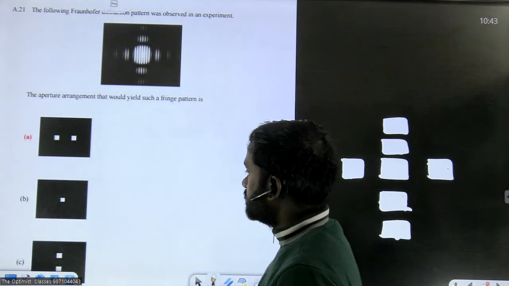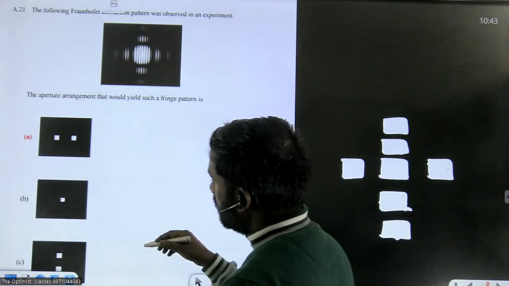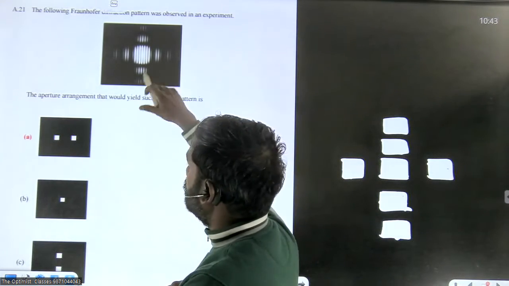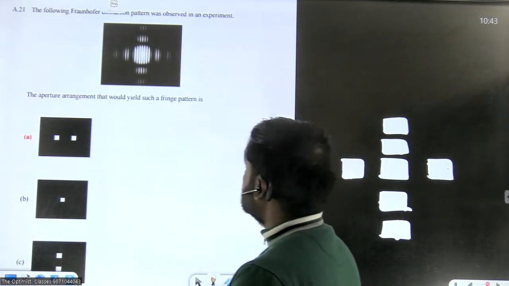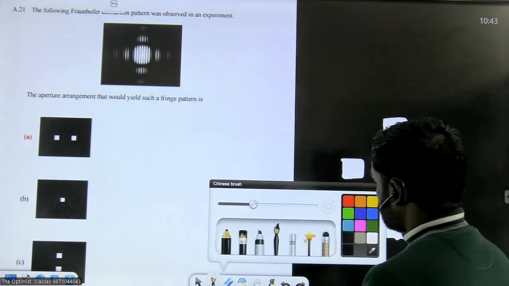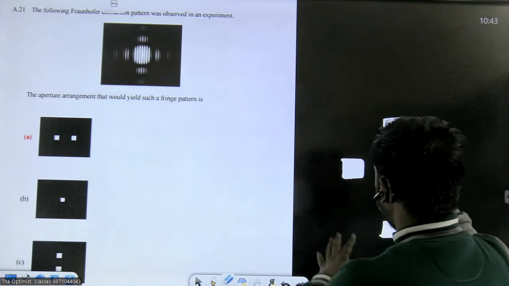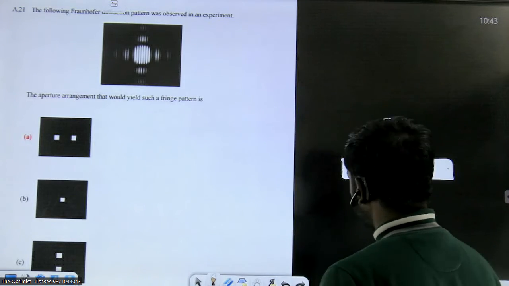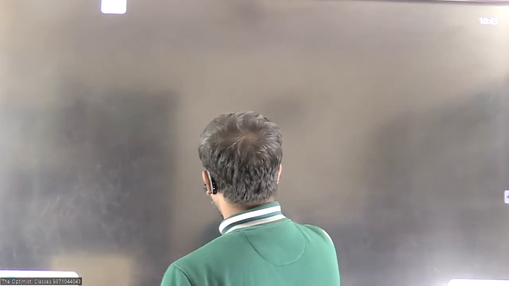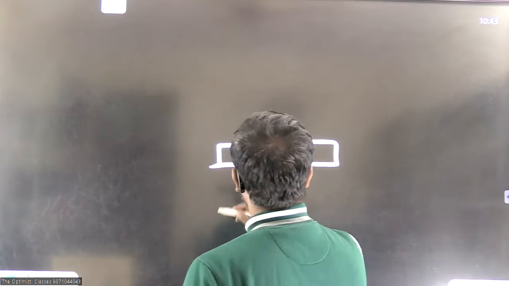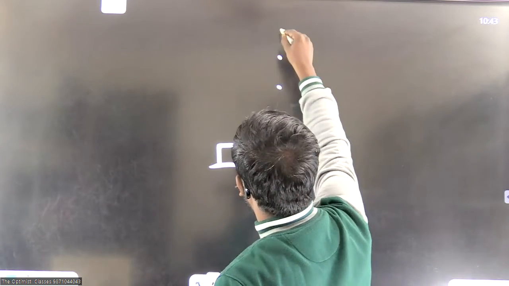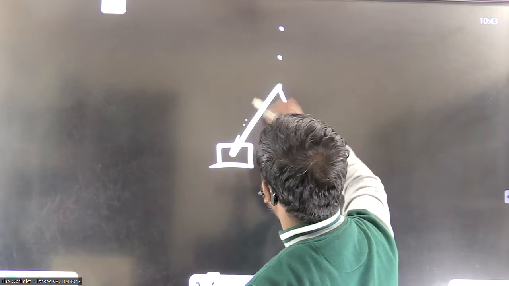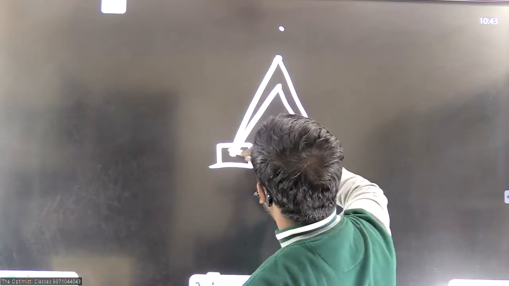Now it is clear that we have a diffraction pattern because of more than one slit, either two or three, whatever. Now you see here, this is a diffraction pattern of a single square aperture. Now light is coming from two square apertures. Suppose this is one square aperture and this is another. Now suppose we consider this point and this point. Light coming from here and here will have path difference 0, and light coming from here to here will also have path difference 0.